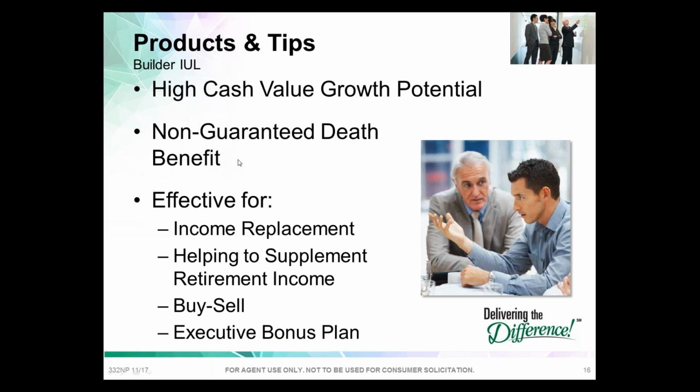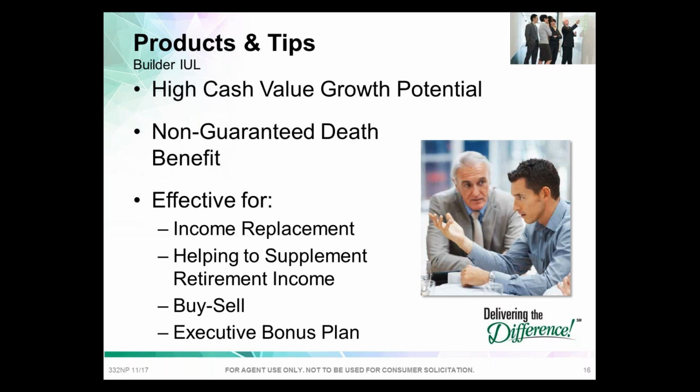It's a non-guaranteed death benefit product, and as such, this is probably most effective for the income replacement type of potential, that death benefit during your working years, but also cash value. Retirement supplement, that's probably the number one sales concept for the Builder. But other things that are associated with building cash value: the buy-sell agreement can work really well if you overfund it.